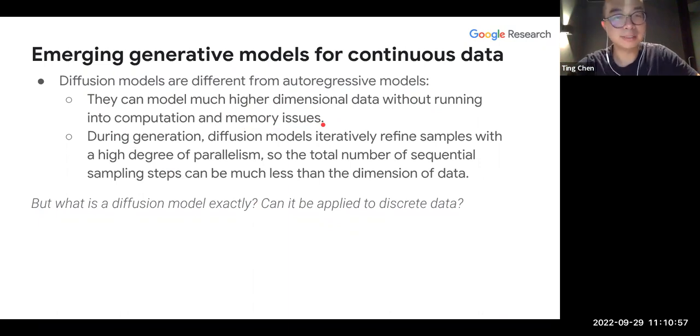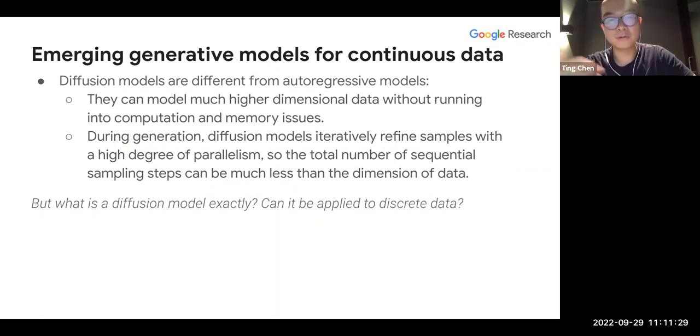They don't require the attention masking for autoregressive teacher forcing training. And during generation, the diffusion model iteratively refines samples with a high degree of parallelism. So the total number of sequential sampling steps can be much less than the dimension of data. Like if you're generating an image of 512 by 512 or 1K by 1K, it has more than a million pixels.